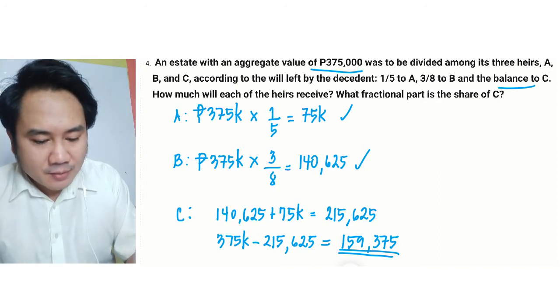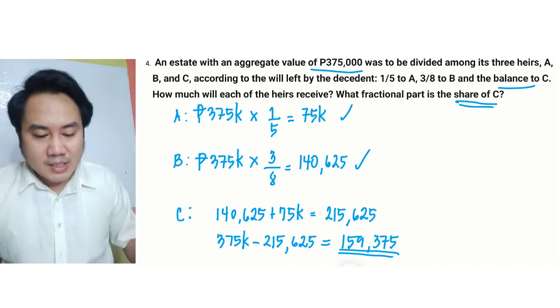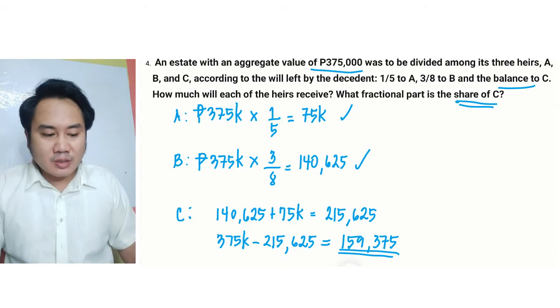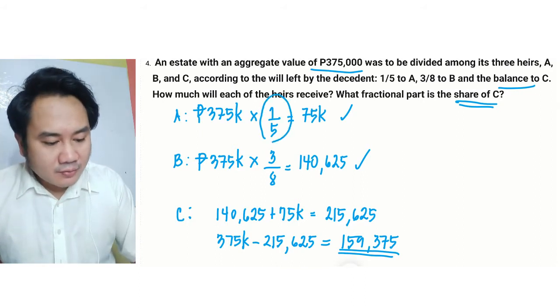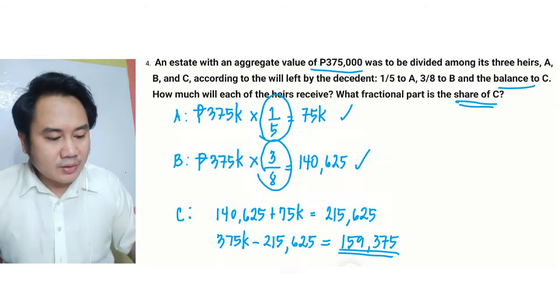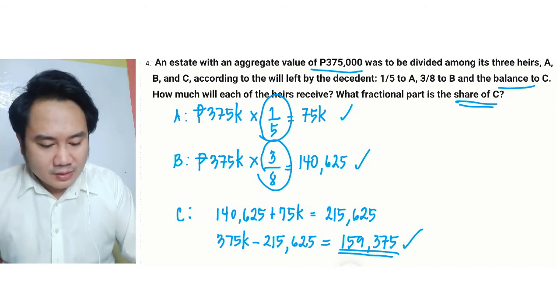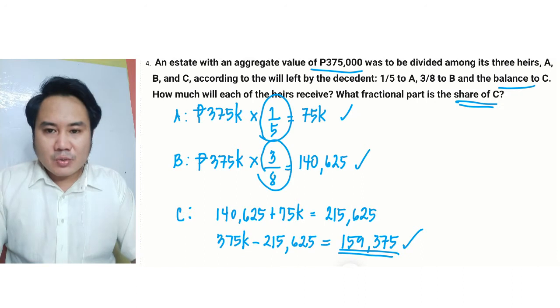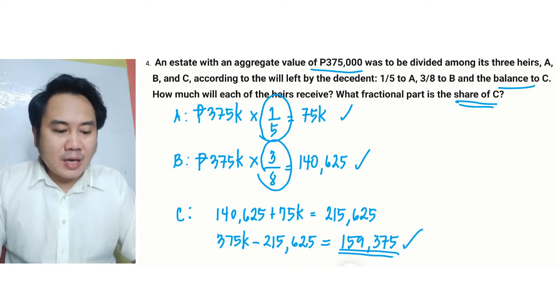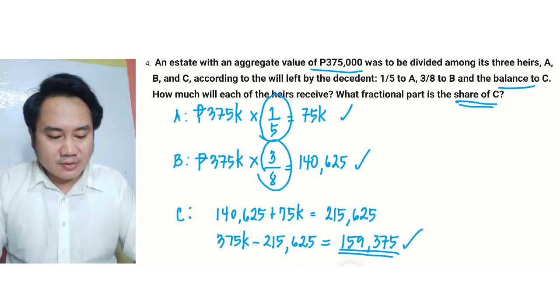What fractional part is the share of C? That is our second question. So, we're looking for the fractional part of letter C. Letter A is 1/5, letter B is 3/8. So, if this is the share of C, we are just going to compare it to the aggregate value of 375,000.